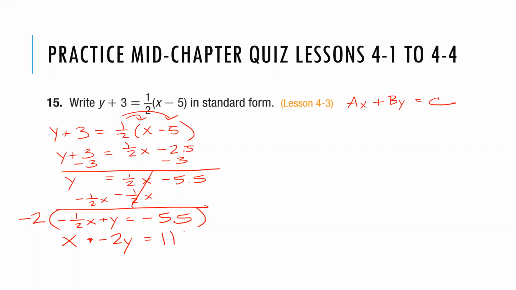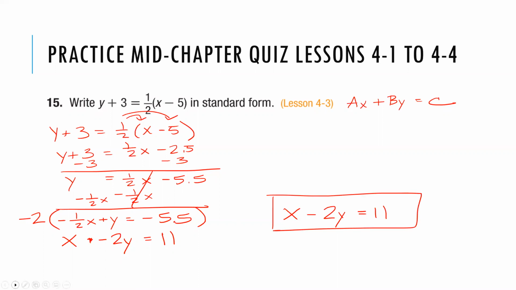So our equation ends up being x minus 2y is equal to 11. So we have the x first, then we have y, we have c over here, and the coefficient in front of x is not a fraction, and it's not a negative either. So this is our final answer.